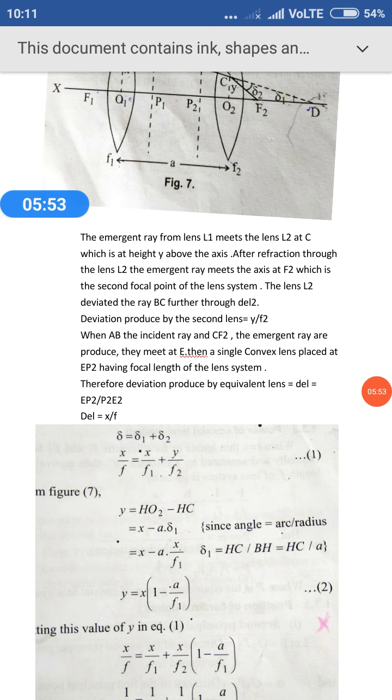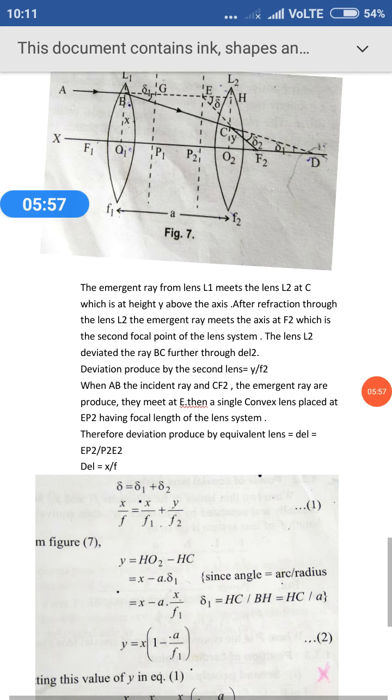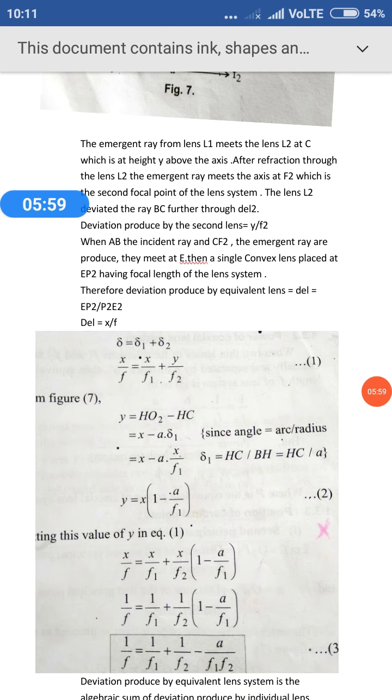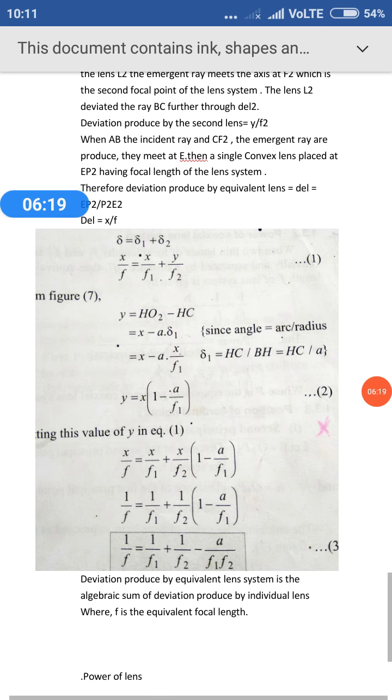The lens L2 deviates the ray AB further by delta 2. Therefore, deviation produced by the equivalent lens, delta equals EP2 divided by P2F2, equals x by f. Therefore, delta equals delta 1 plus delta 2, so x by f equals x by f1 plus y by f2.